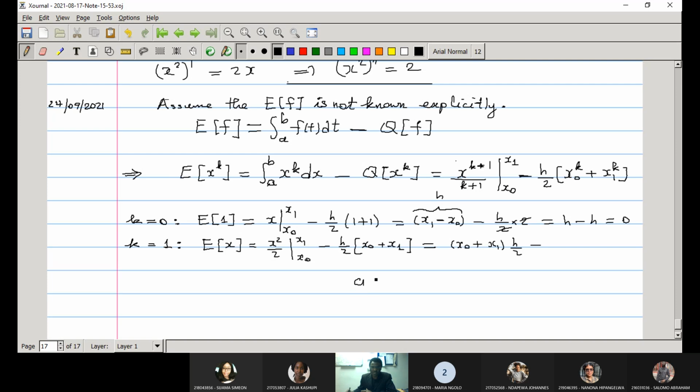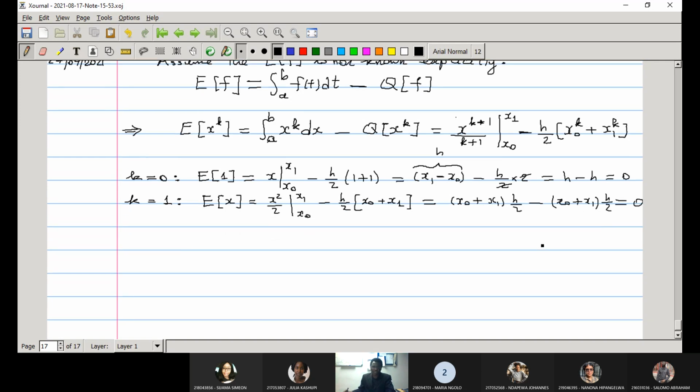This is like AB is equal to BA. That's why if I rewrite this, it would be minus x0 plus x1 h by 2. So the same number is subtracted, subtract gives 0. So that one also gives you 0.